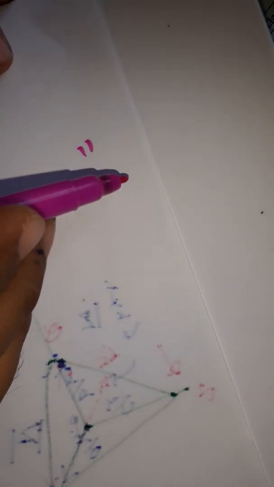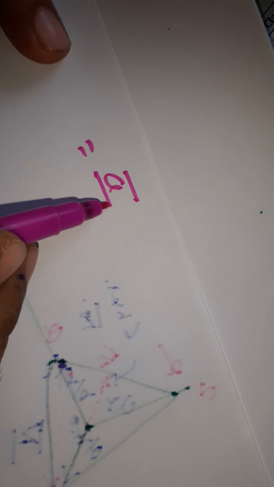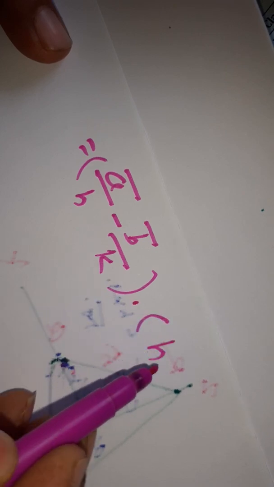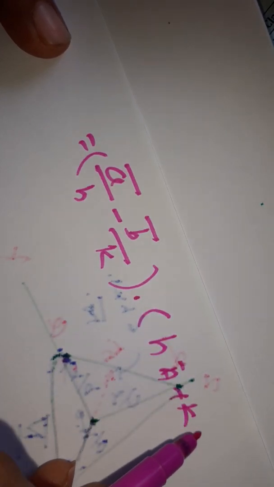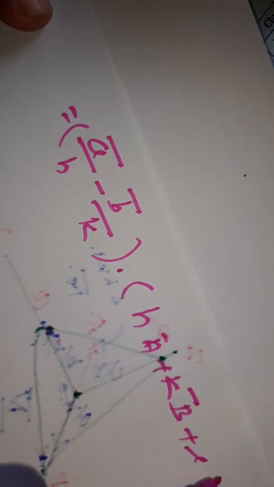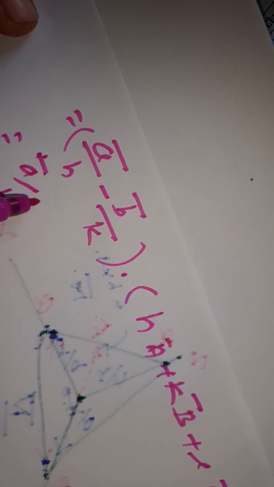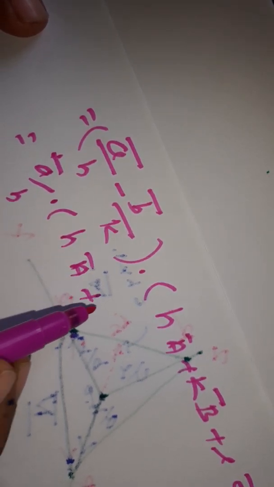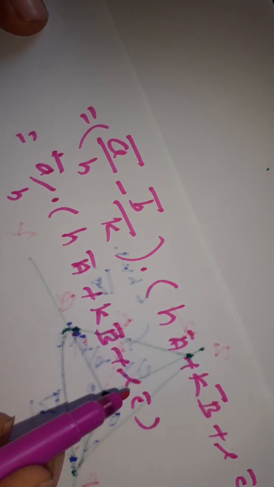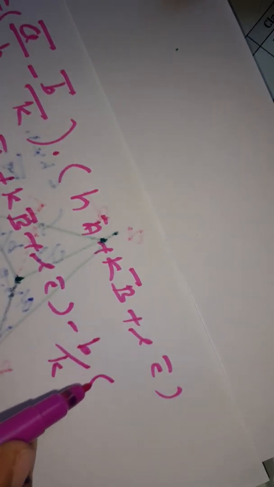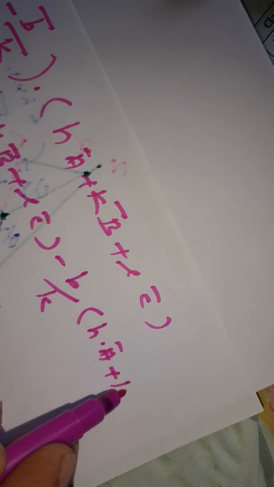Now we consider this equation. We are taking the dot product separately for each term: A bar dot H A bar plus K B bar plus L C bar, minus B upon K times H A bar plus K B bar plus L C bar.